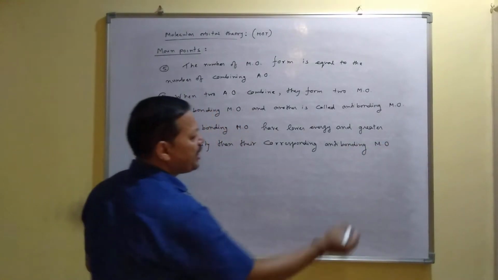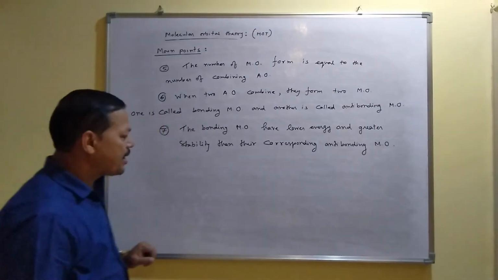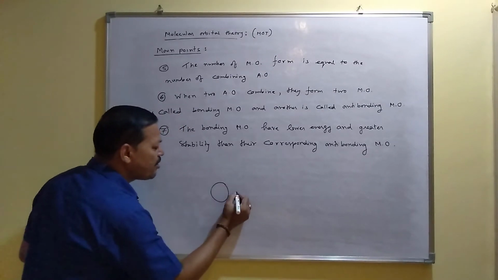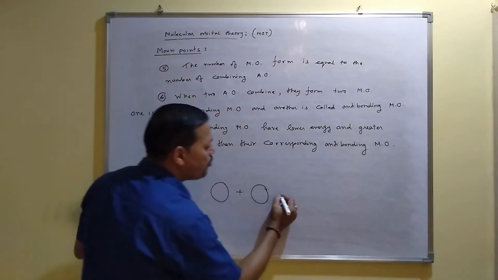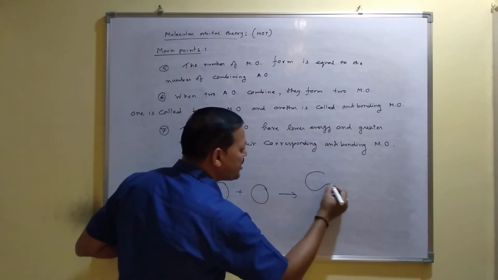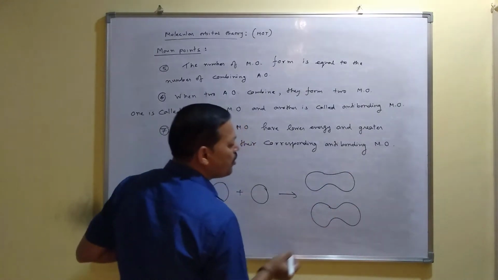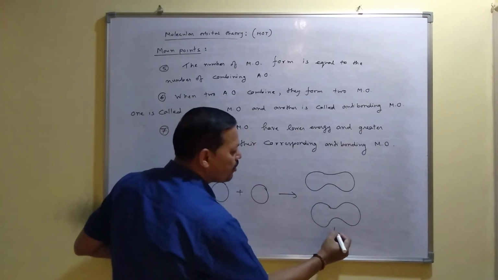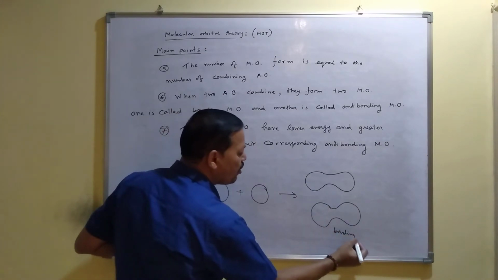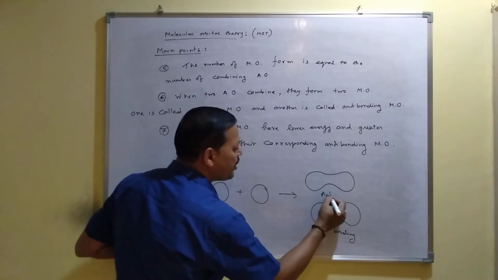मतलब बॉन्डिंग ऑर्बिटल का एनर्जी कम होगा, एंटी का एनर्जी ज्यादा होगा. For example, when 1s combine with 1s, it will form two molecular orbitals like this. One is called bonding, one is called antibonding.